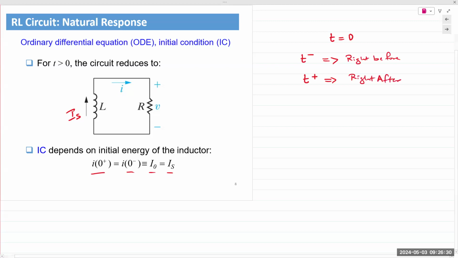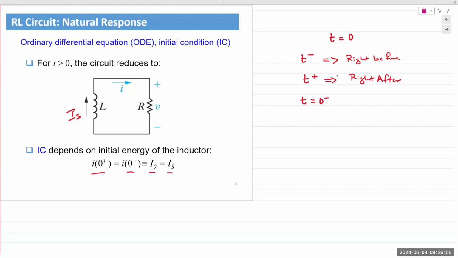Again, it does not have a specific value. When it says t equals 0 minus, it simply means the time right before 0, and 0 plus means the time right after 0.